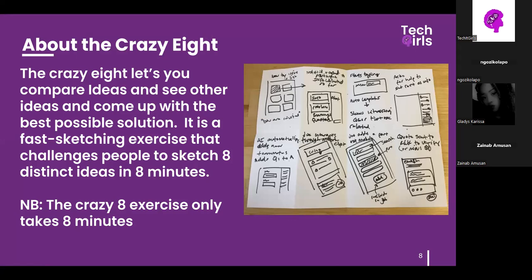So that exercise challenges people to bring out 8 distinct ideas in 8 minutes. There's going to be a timer, an 8-minute timer. Everyone crafts out their ideas within 8 minutes to come up with solutions for the problem you're trying to solve.